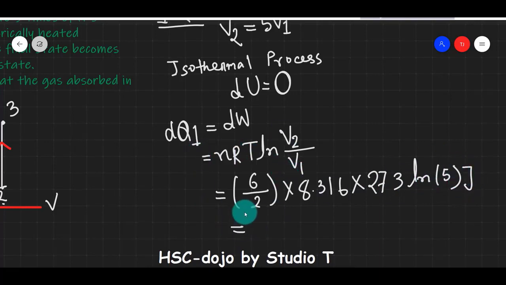So we will have an amount here, and it will come around 10942.5 joule approximately. So this is the amount of exchanged heat in the isothermal process, that means while going from point 1 to point 2.